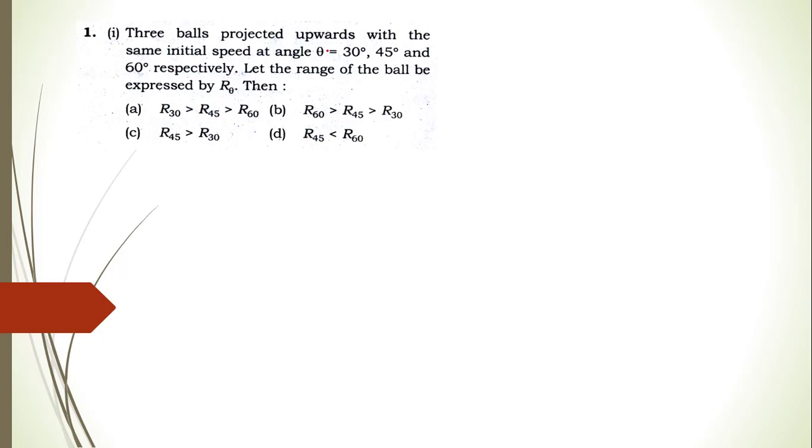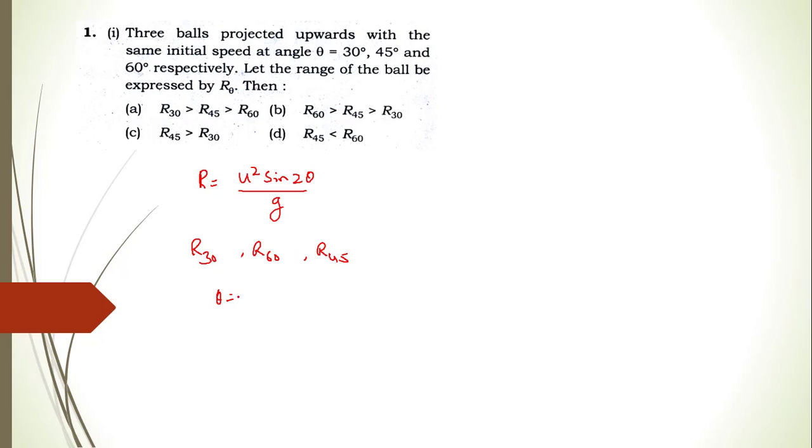So we have to calculate the values at different angles, that is 30, 45 and 60. As we know, the formula for range is R equal to u square sine 2 theta divided by g. We have to calculate these 3 terms: R30, R60 and R45.